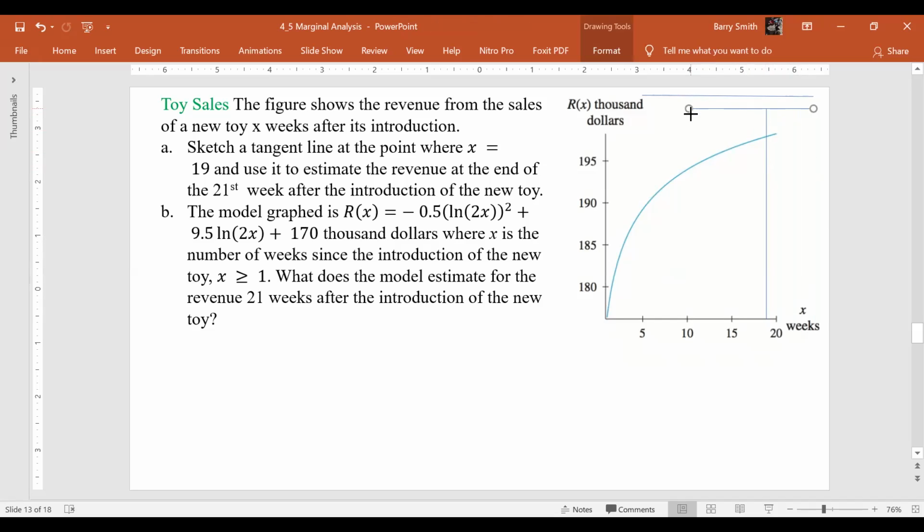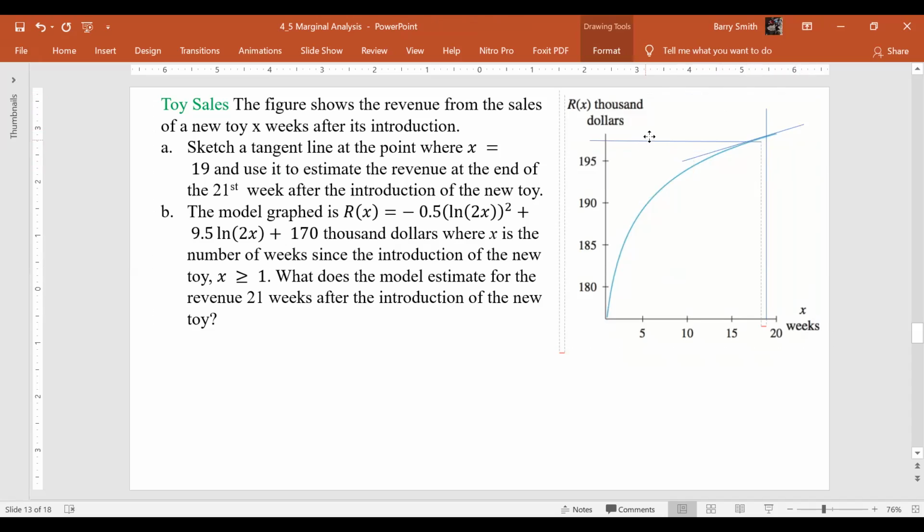And then we'll have to make a tangent at this one. It looks like it needs to go down. Again, these are the things we're going to get inaccurate results from. Each person is going to get something a little different for their tangent line. And now we need 2 points.